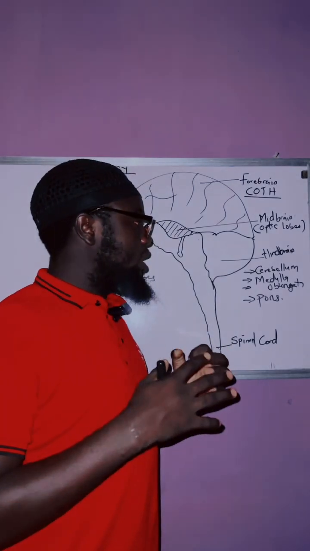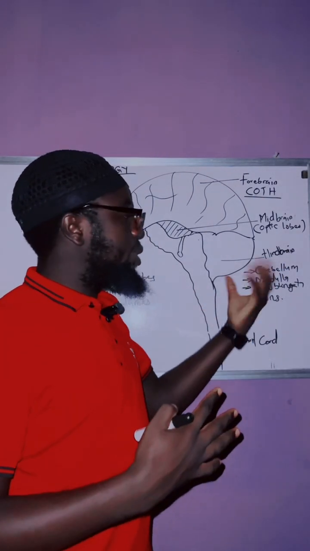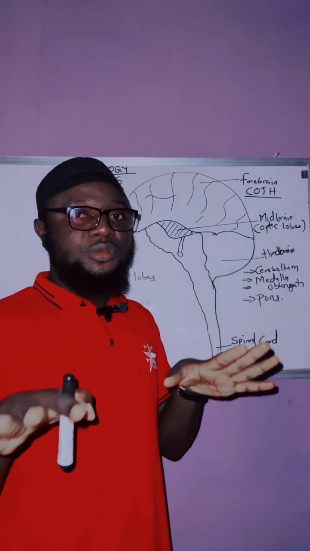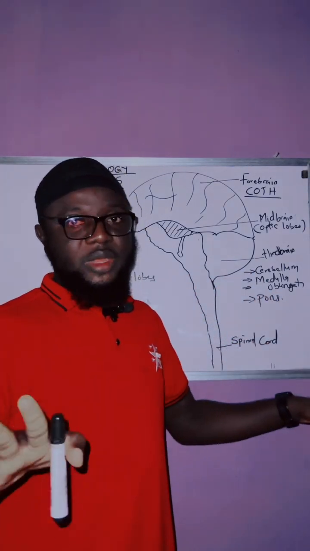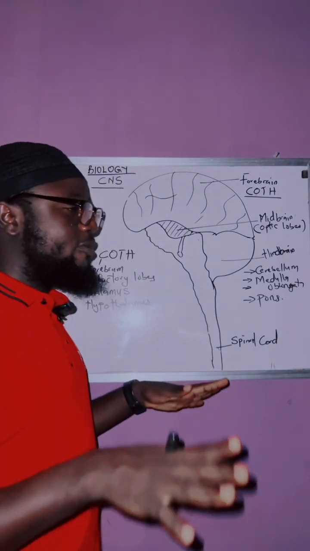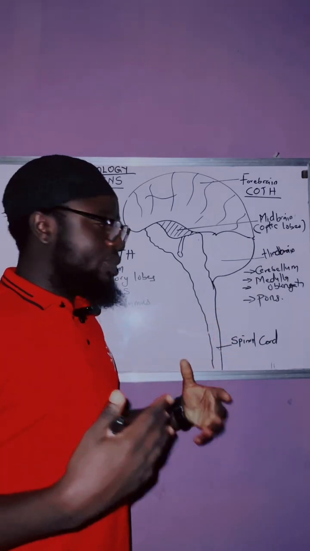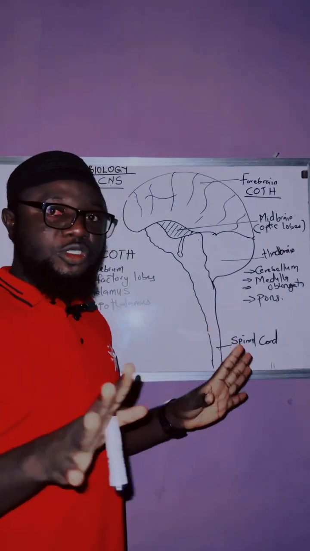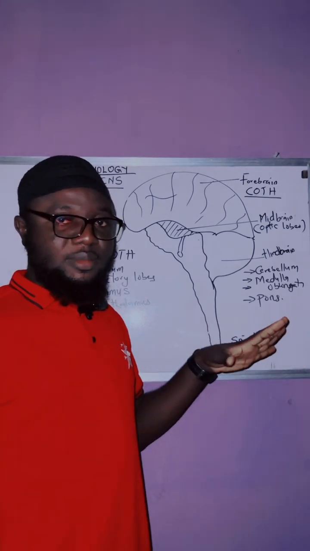It also controls balance, because part of the cerebellum links to the semicircular canal in the ear, which helps us control balance. If you see someone that can walk on a very tiny road, that shows that person has a well-developed cerebellum. So cerebellum controls posture, muscle activities, and balance.